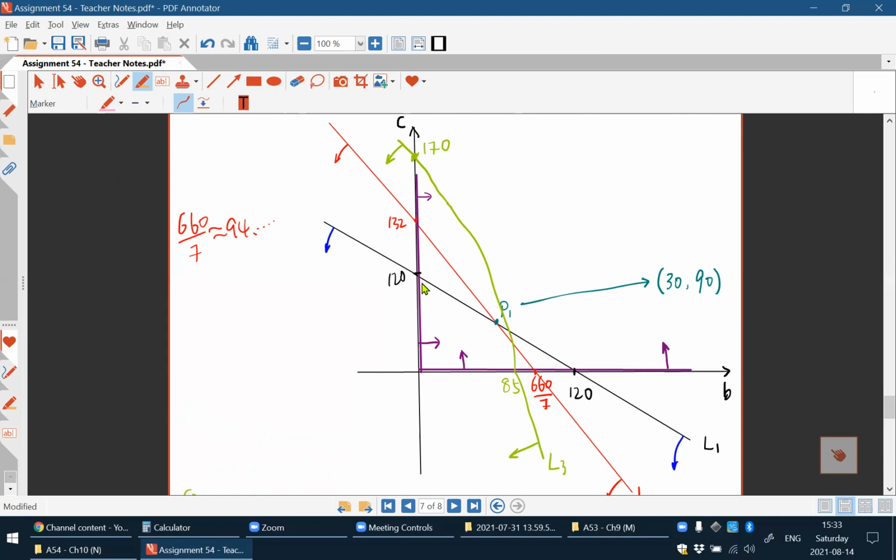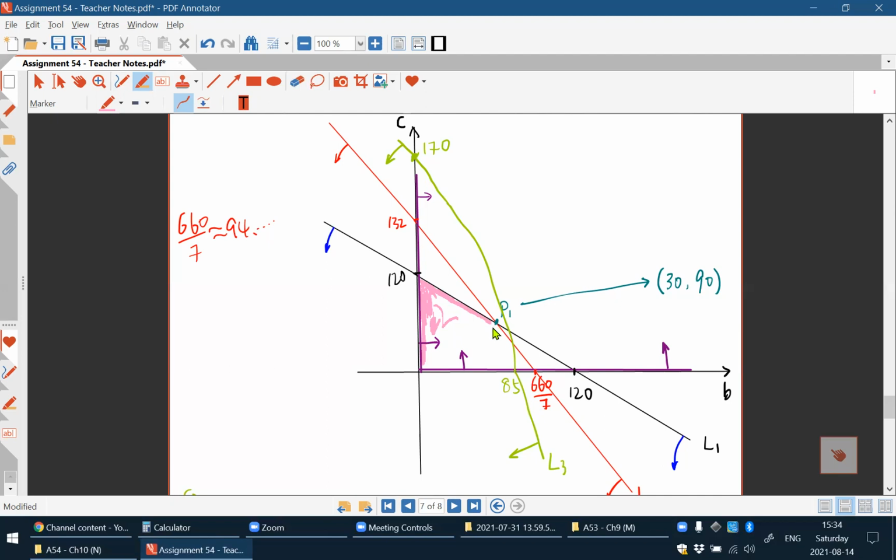Okay, first of all, this is a boundary line, right? Must be to the right of the vertical axis. And it must be under the black line, L1, right? Okay, so goes all the way down here.